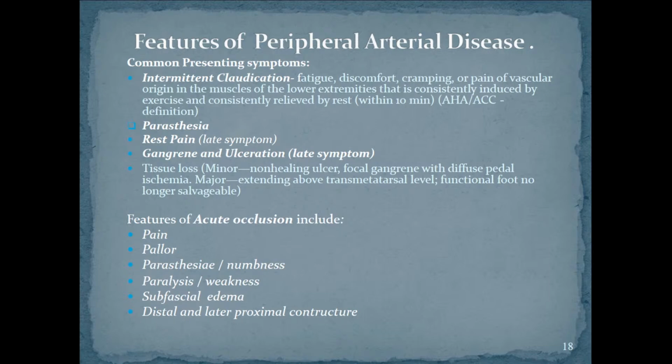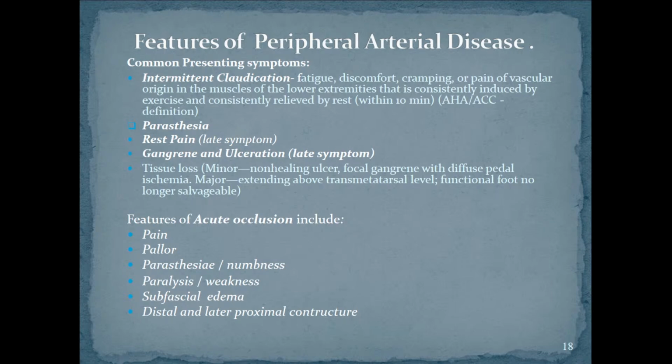What else? It can be paresthesia, it can be rest pain, it is a late symptom, and in almost all the cases it tells us about critical limb ischemia. Gangrene and ulceration, it is a late symptom of PAD, and tissue loss.